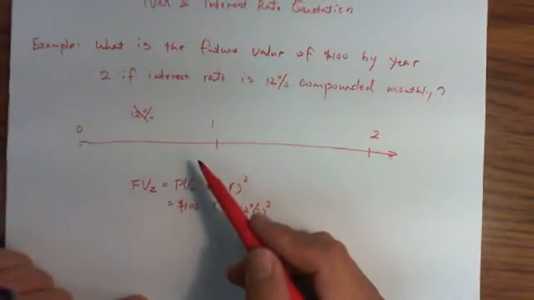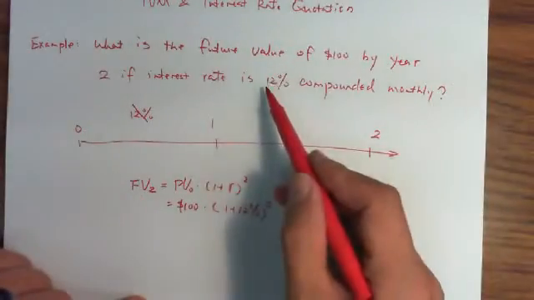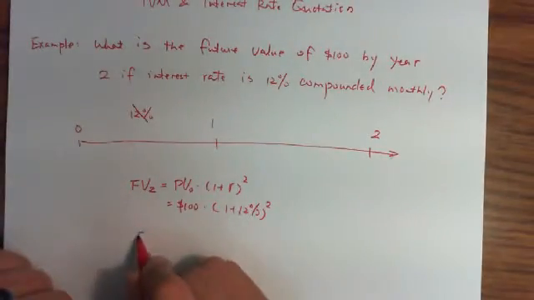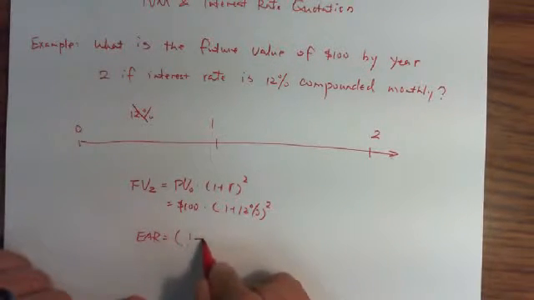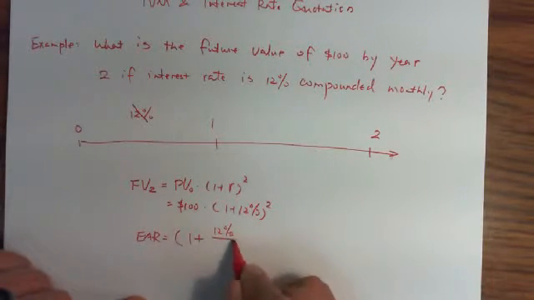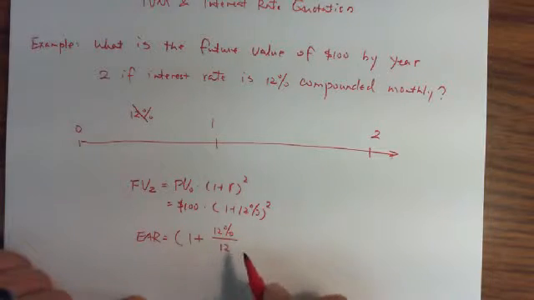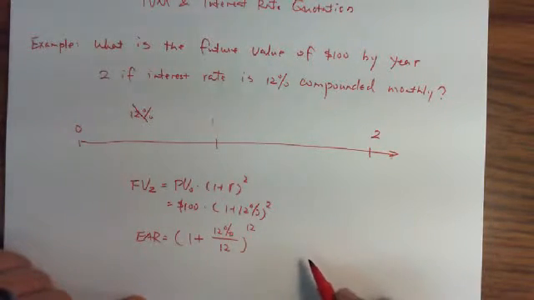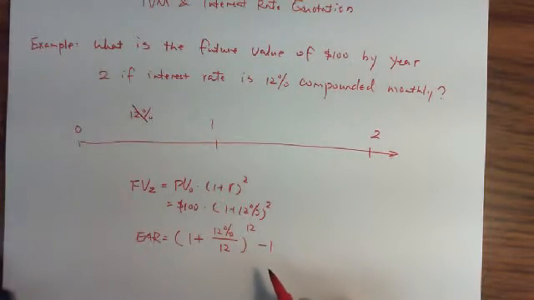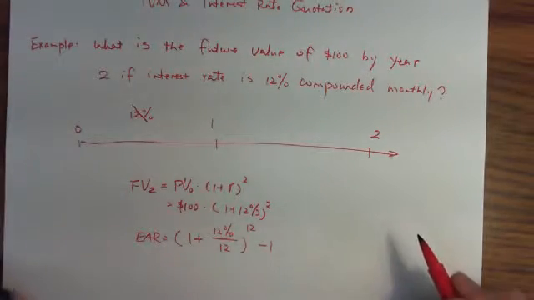Now the EAR of this APR, using the formula, is 1 plus the APR divided by the number of compounding per year, power of the number of compounding, minus 1. So this is the correct EAR.